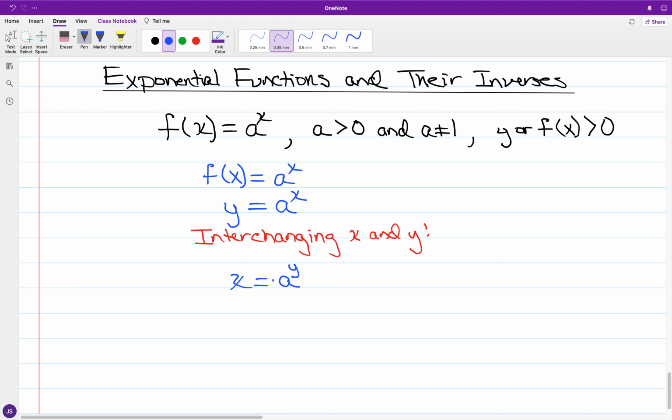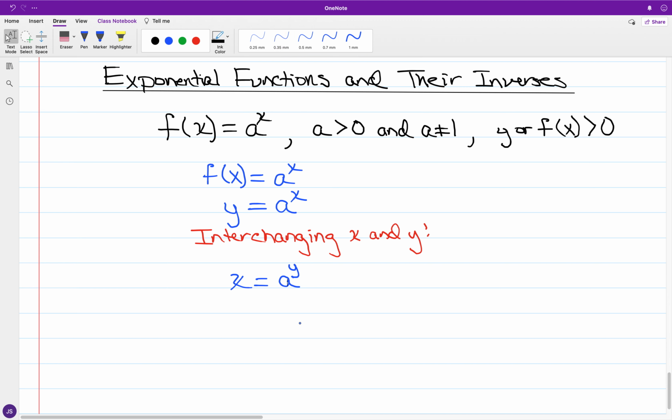Now I'm still trying to get y by itself. The only way we can get y by itself is to somehow eliminate the presence of a. And this will not be with your typical operations of addition, subtraction, multiplication, or division, or even taking radicals. There is a separate operation, and this will be taking logarithms, in the base that matches the exponential base, which in this case is a.